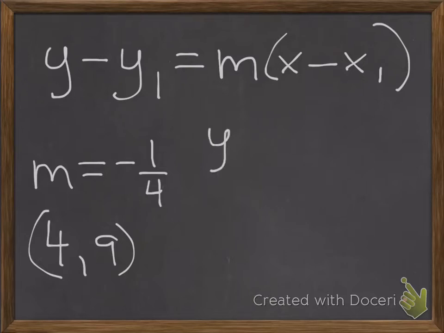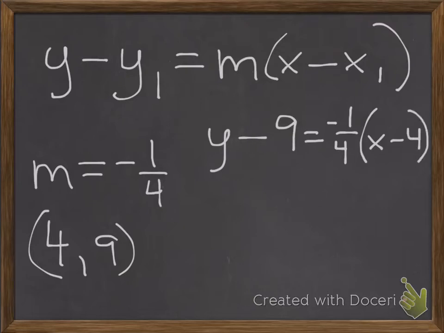So we use y minus, and keep that the same, plug in 9 for the y coordinate. Then we plug in negative 4 for the m, which is our slope. We keep x minus the same, and then we plug in 4 for our x coordinate. So this would be our answer.